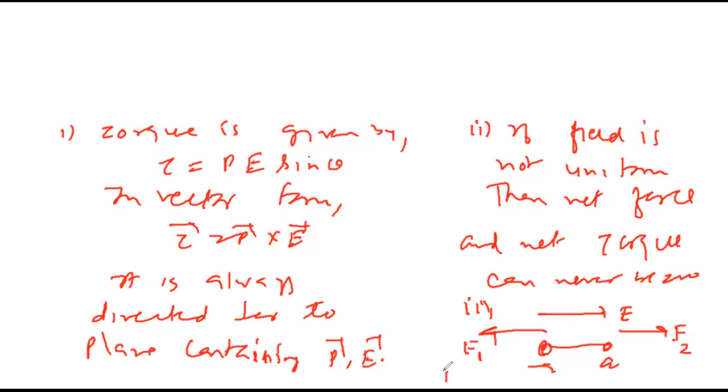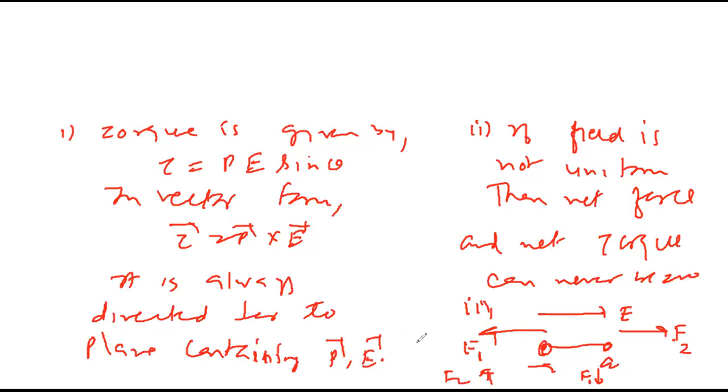So F2 will increase, F1 will decrease because field is increasing on the right side. So the right force is greater, the left one becomes less. F2 will increase and F1 will decrease. Okay?